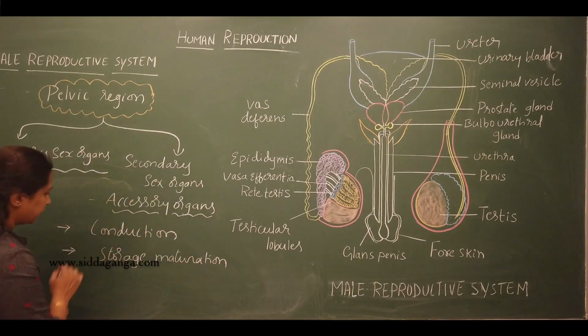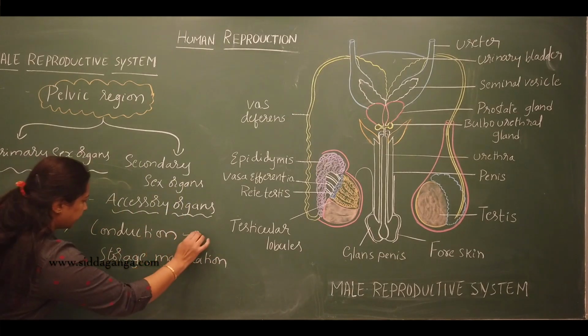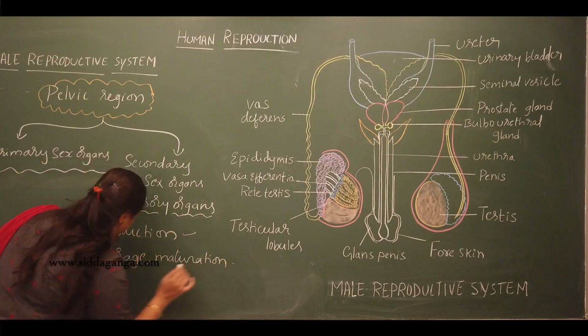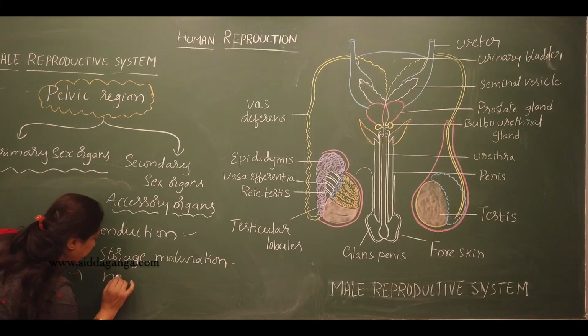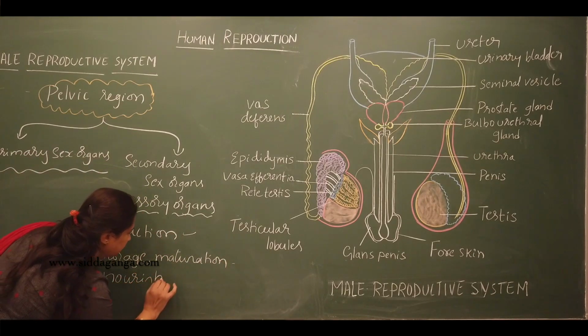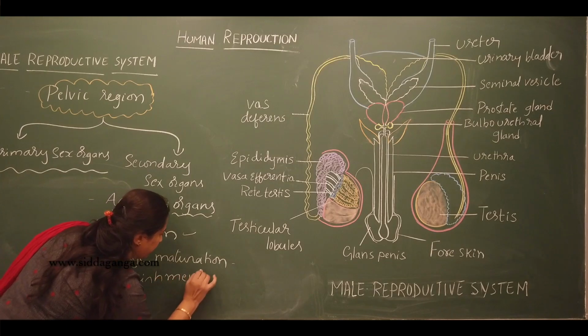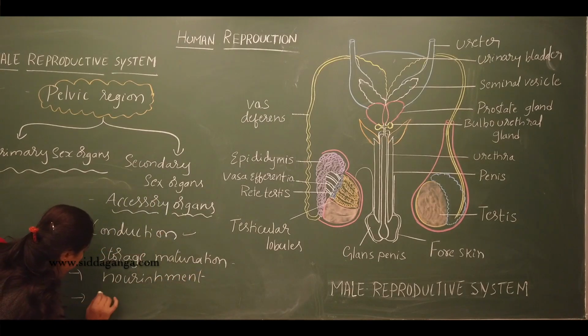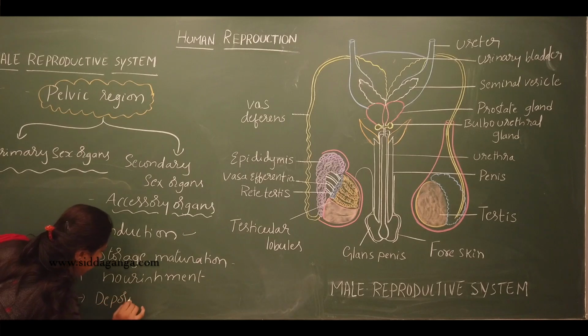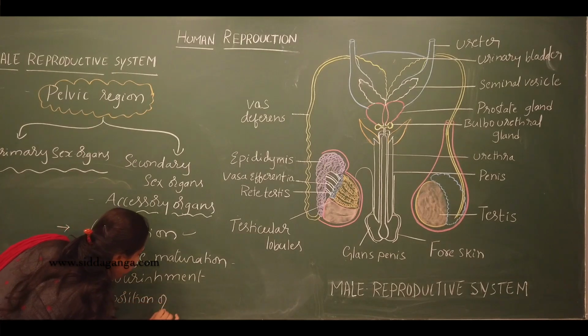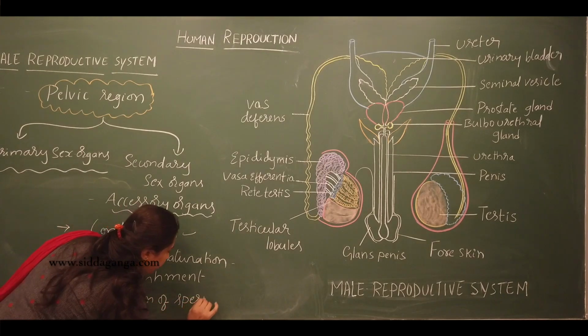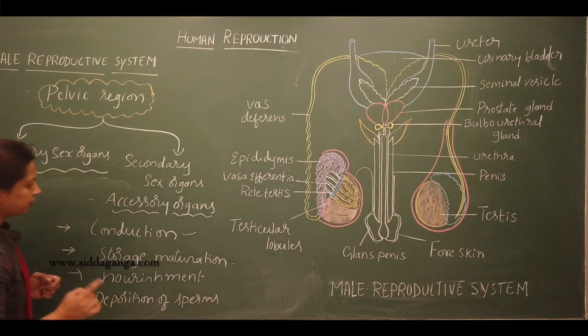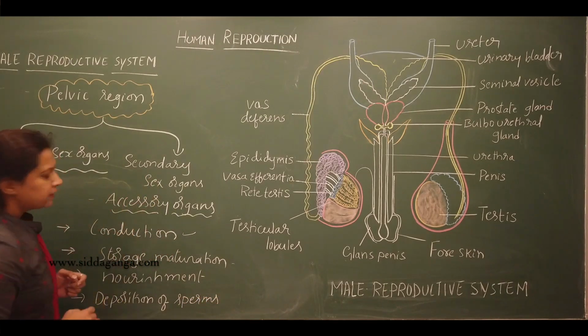The secondary sex organs perform conduction, storage, maturation, nourishment of the sperms, and also the deposition of sperms into the female reproductive tract. All these functions are performed by the secondary sex organs.